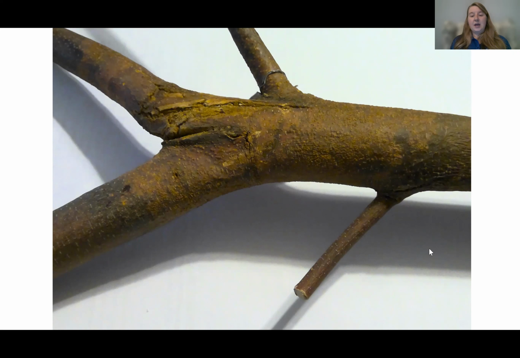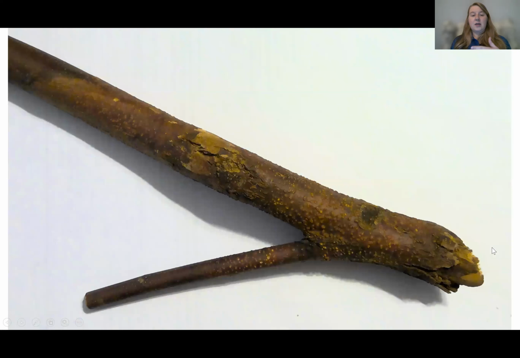However, it's important to note that cankers don't always look very obvious. I think if you saw that cracking, you would probably really know that there was something going on. But what about something like this, where you have a much smaller cracking surface and maybe it's facing up in the tree, so it's not as obvious?